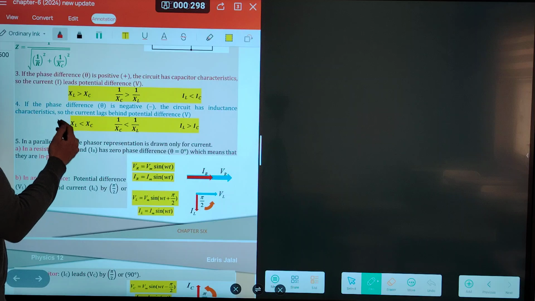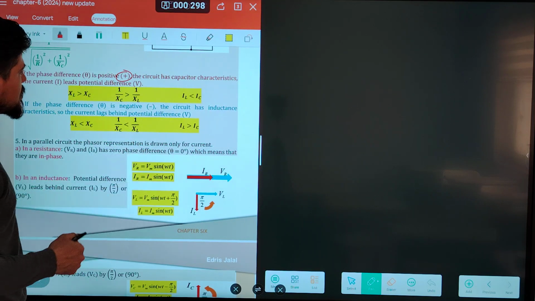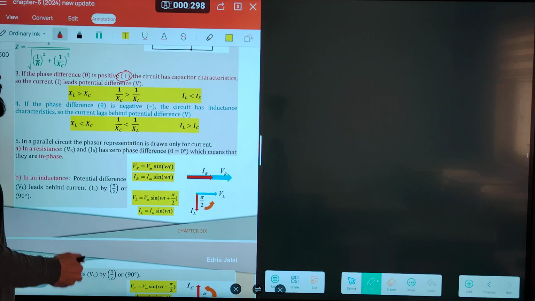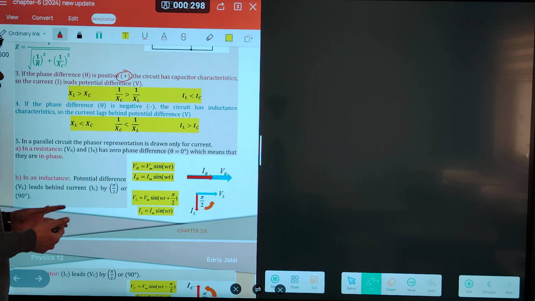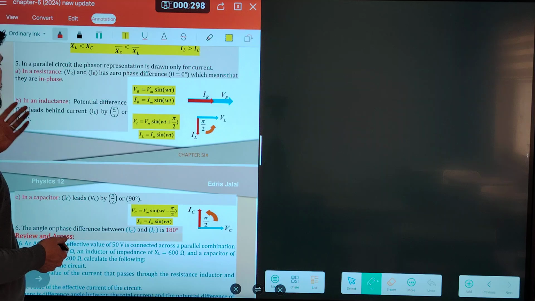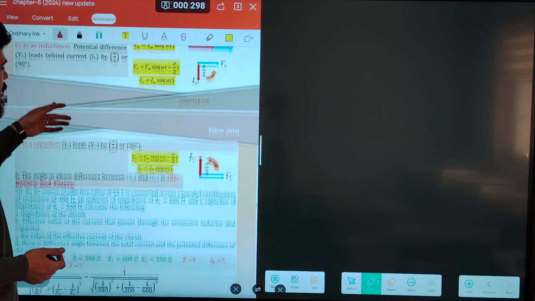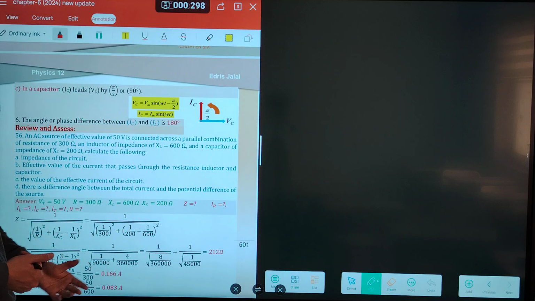If XL is bigger than XC, theta becomes positive. And if IC is bigger than IL, theta is also positive. Mathematically, you can find out this value. In pure resistance, current and voltage are in phase. In pure inductance, potential difference leads, which means current lags. In capacitance, current leads the potential difference.